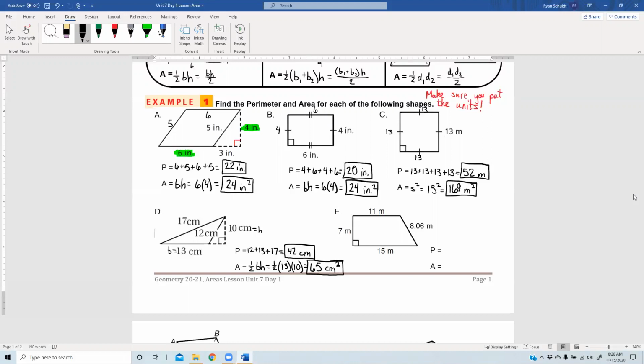Okay, E, what shape do we have? It's a trapezoid. So first, let's just get the perimeter.